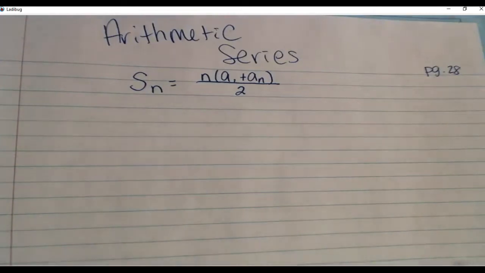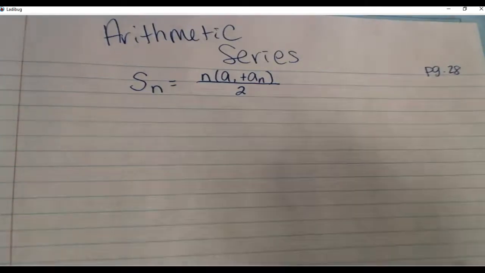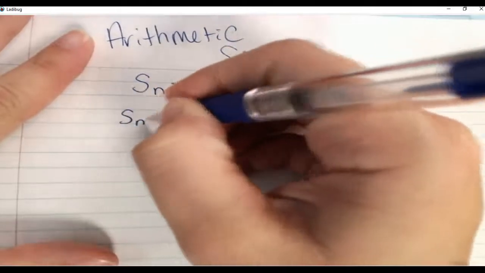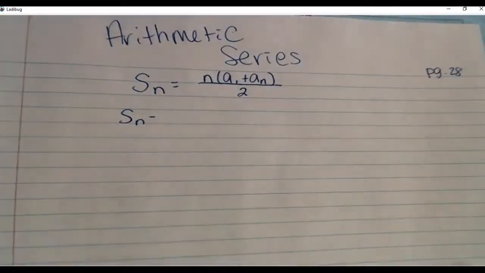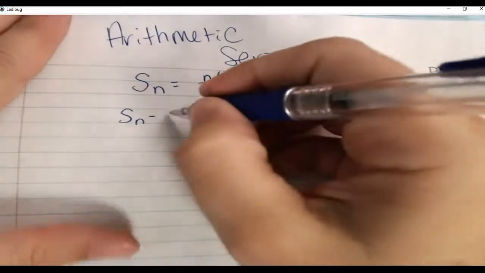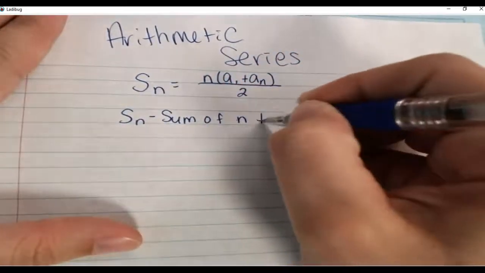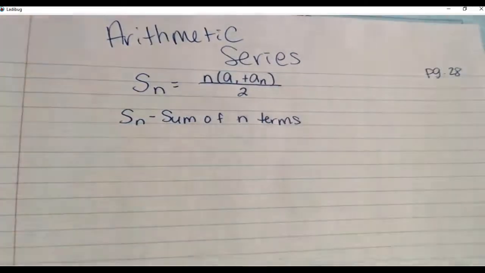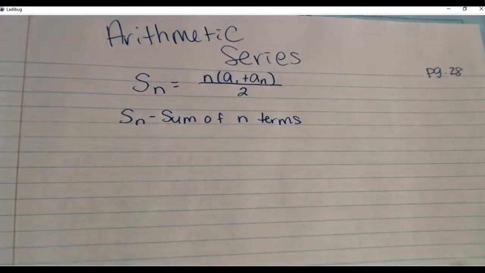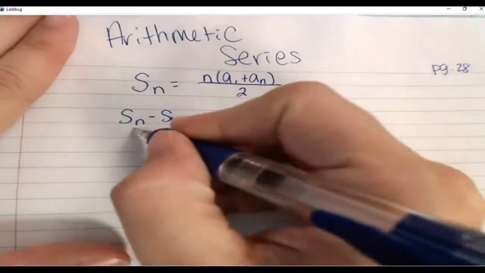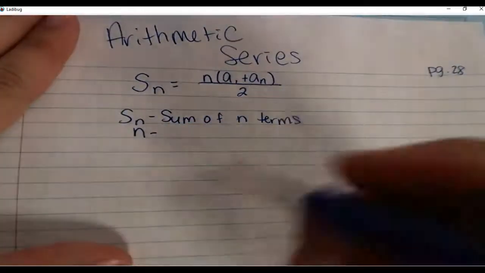But here it is. So the S of n stands for the sum of n terms. So if we want the sum of the first 12 terms, we would do S sub 12. So it's the sum of however many terms. And then n, a1 and an, that's the same ones that we've been working with. So remember, n is the number of terms.